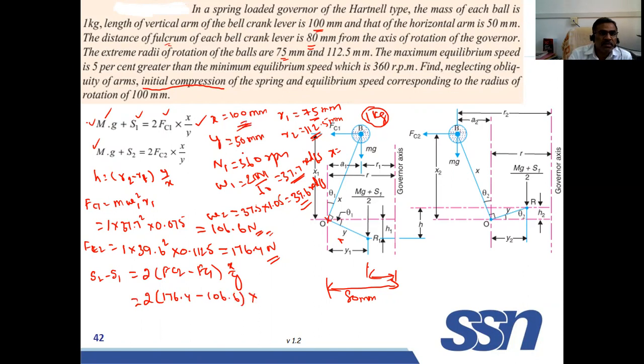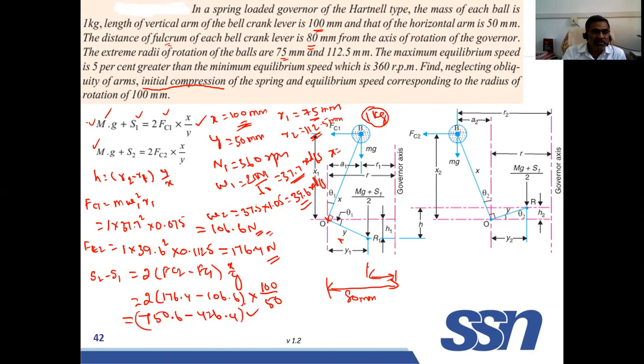X is equal to 100, y is equal to 50, so 100 divided by 50. So this will give S2 minus S1, that is 750.6 minus 426.4. This is the value of S2 minus S1.